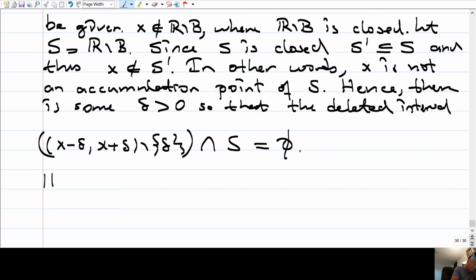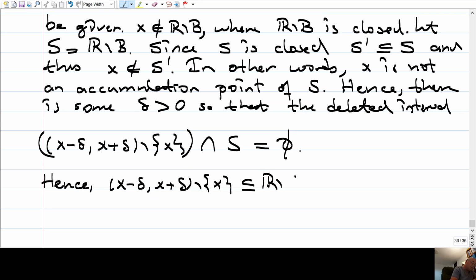Hence, this deleted interval, sorry, we have to exclude x, since this has no intersection with S, should be contained in R minus S, which is B, right?